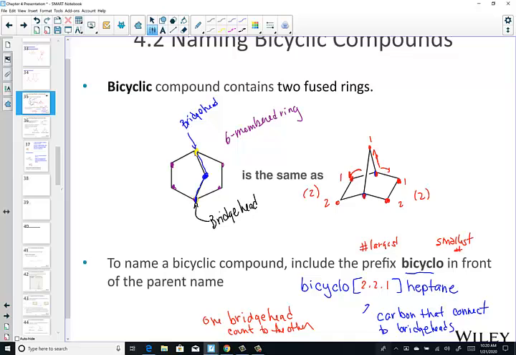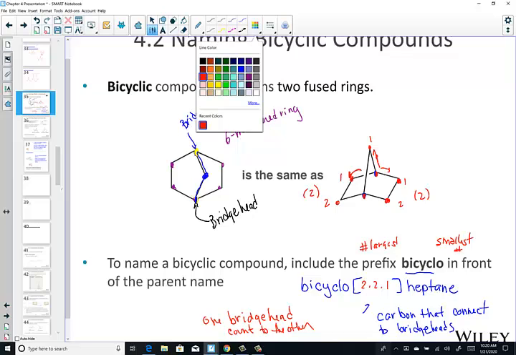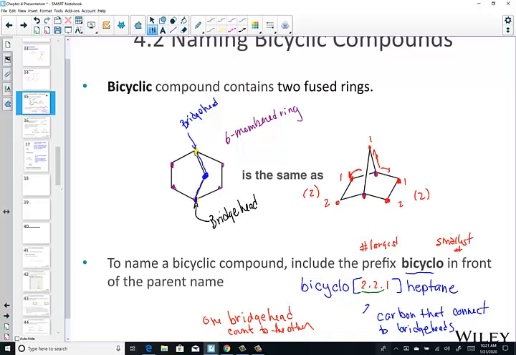And if there's no point of difference, you're just going to repeat the number, 2.2.1. Notice that the sum of these numbers is always 2 less than the parent name because the numbers do not include the bridgehead carbons. You're telling me how many carbons separate the 2 bridgeheads.